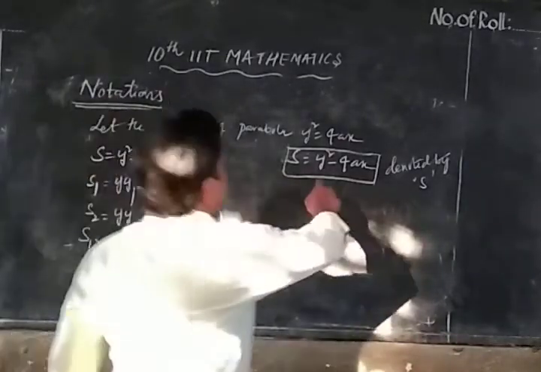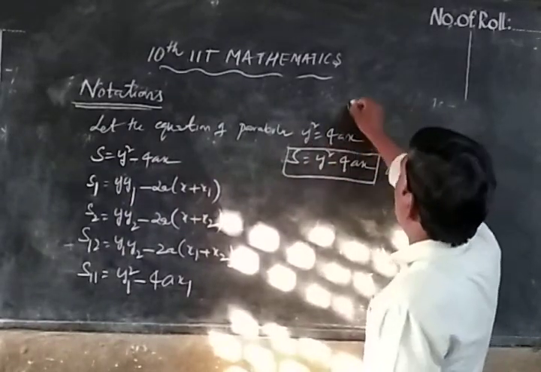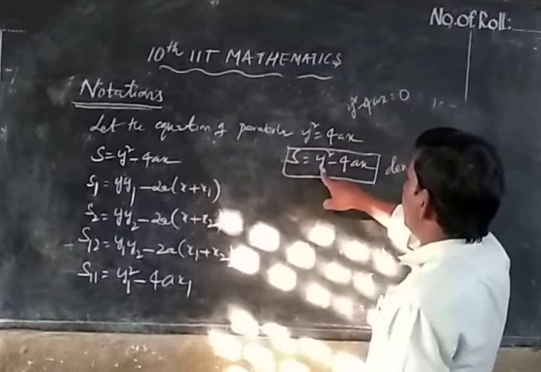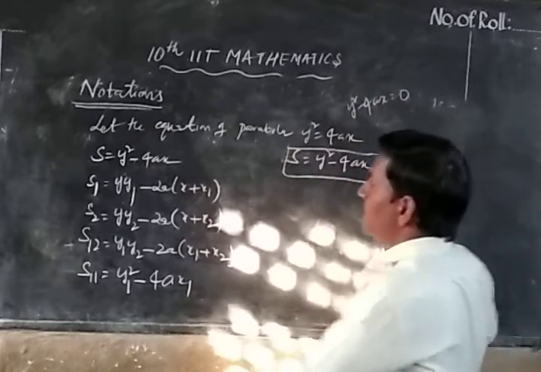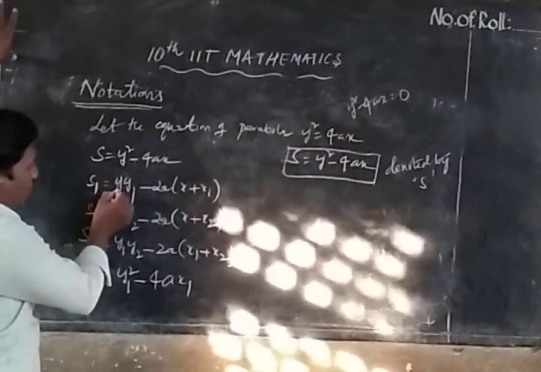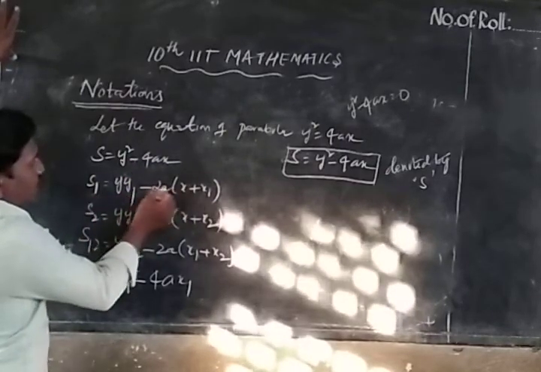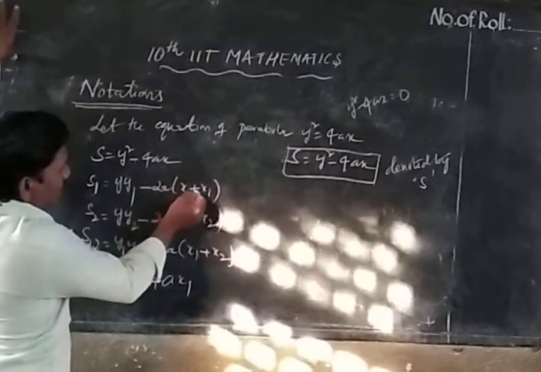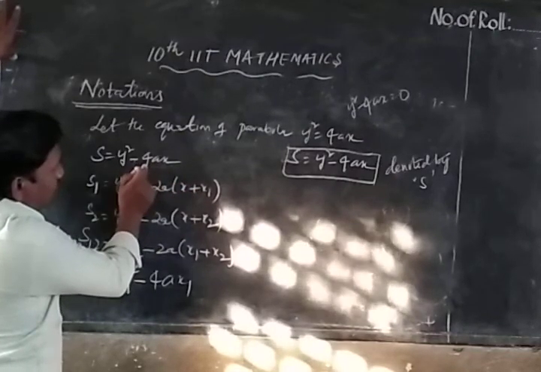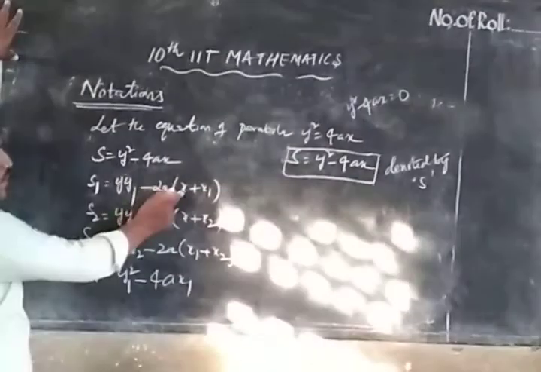So y² = 4ax, y² - 4ax = 0, and S = y² - 4ax is denoted by S. S1 = y1 y - 2a(x + x1), so 4ax is written as 2a(x + x1).